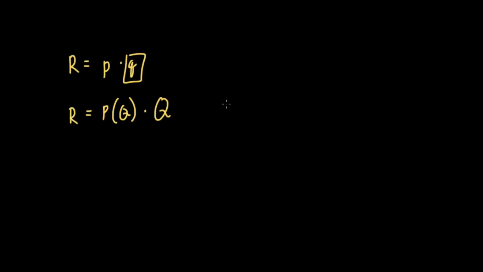And we also said last video that this P of Q here is our inverse market demand function, meaning price is actually determined by quantity, rather than quantity being determined by price.